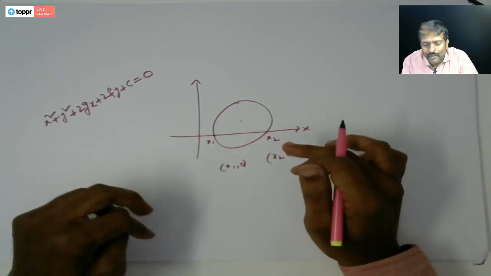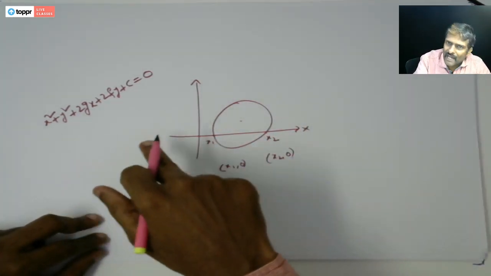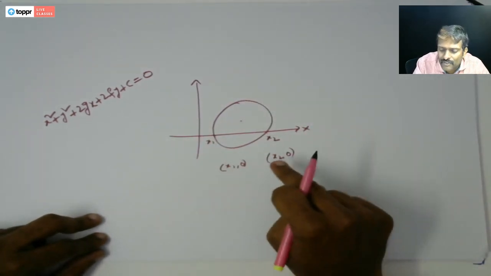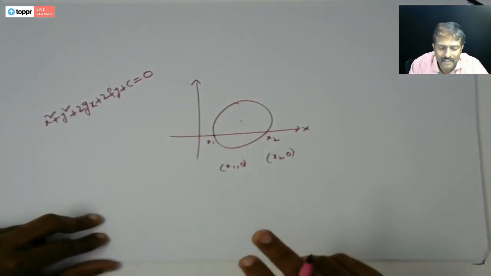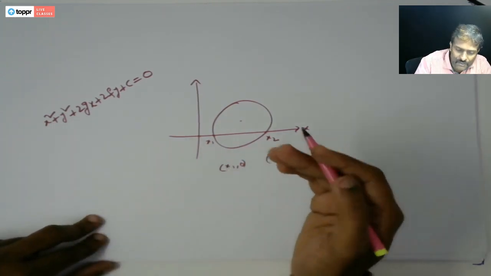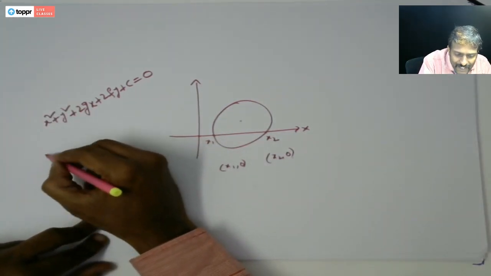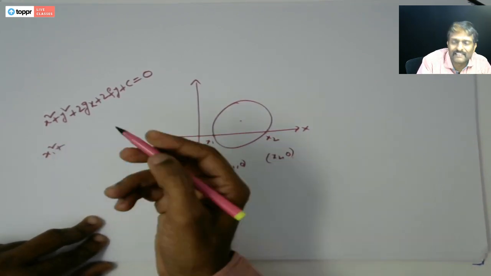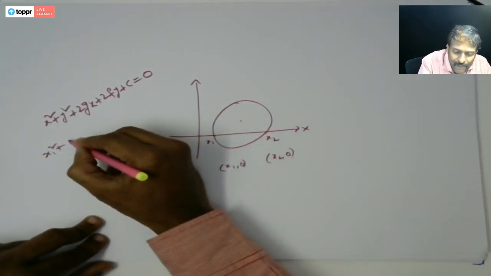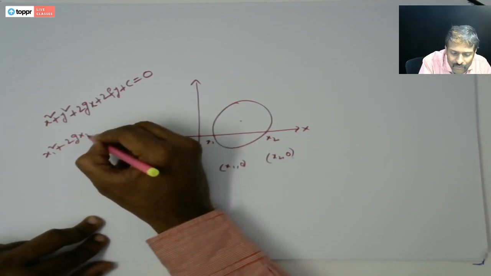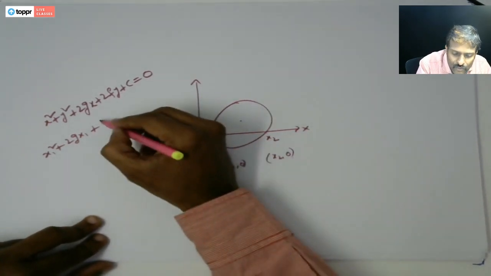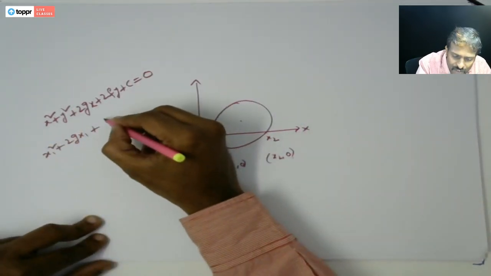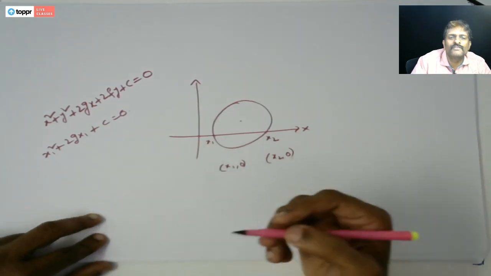These 2 points are on the circle, so they should satisfy the equation of the circle. If I substitute these in there, I get x1 square plus the value of y, which is 0, plus 2gx1 plus 2fy, whose value is 0, so that entirely becomes 0, plus c is equal to 0.